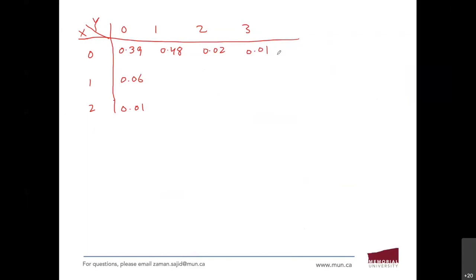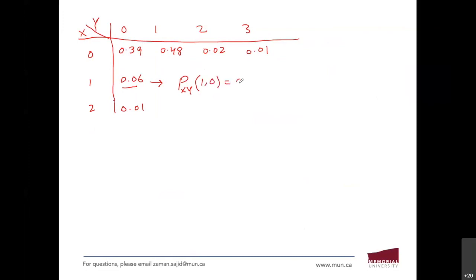Just for your recall, if I take this value, it was the joint probability P of x, y at x equal to 1 and y equal to 0.